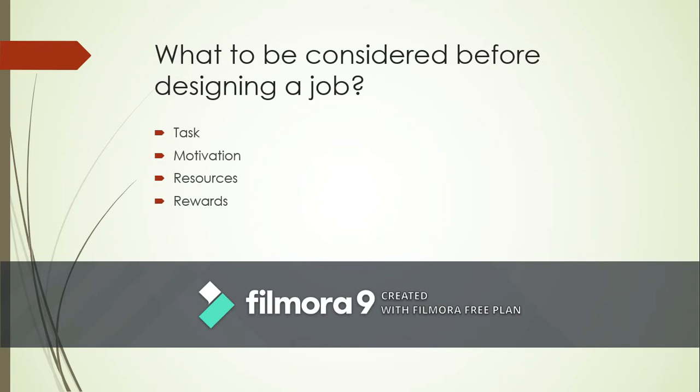They should write down or note down the task, and also consult the subordinates or superiors so that no task is left untouched. And motivation, the motivation levels required to do that task, and also the person who is designing a job should be motivated enough to design the job.